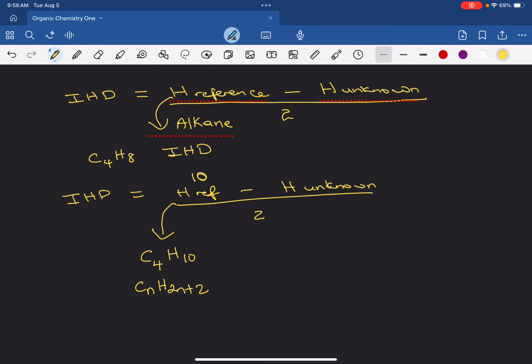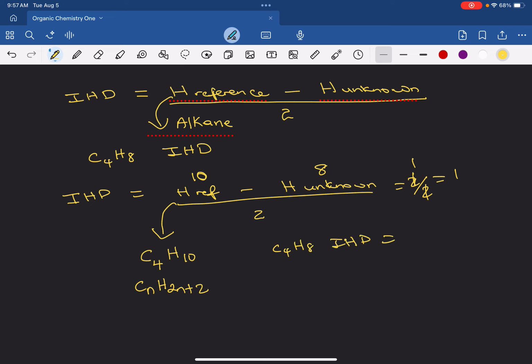Then I'm going to subtract the number of hydrogens that is in my unknown. The number of hydrogens in the unknown is 8. So 10 minus 8 is 2, divided by 2, so 1. The index of hydrogen deficiency for C4H8 is equal to 1.